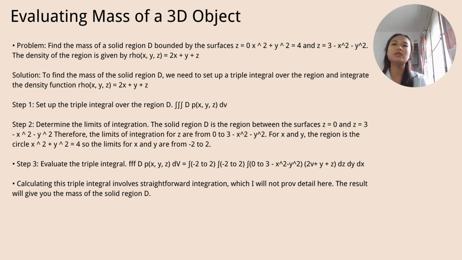Step 1, we set up the triple integral over the region D. Step 2, determine the limits of integration. Step 3, evaluate the triple integral. Then we calculate the triple integral in step 4. The result will give you the mass of the solid region D.